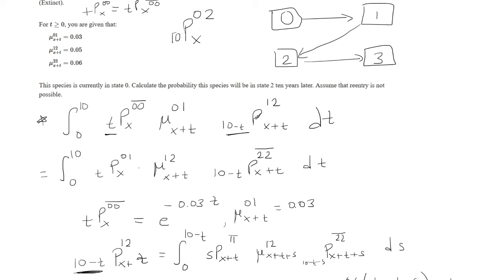Now for the second one, I'm going to need this one right here. So the probability, I start in state 0, end at state 1 in t years. So that's going to be the integral from 0 to t. And I'm going to stay in state 0 for some time.